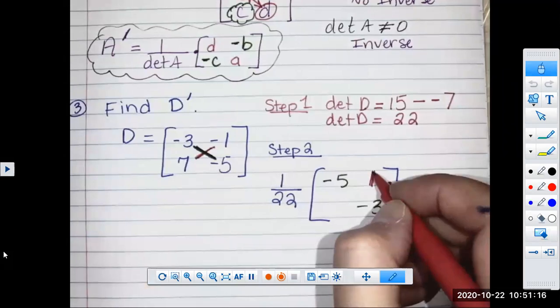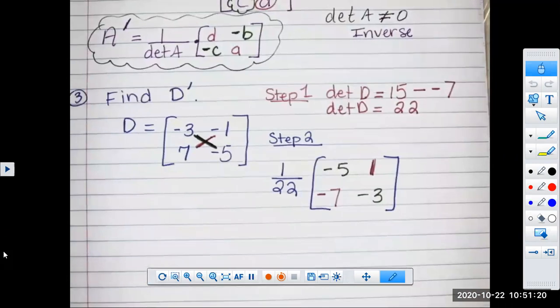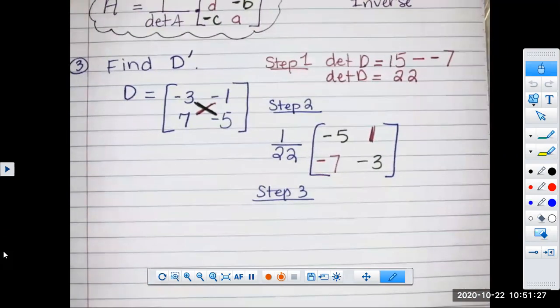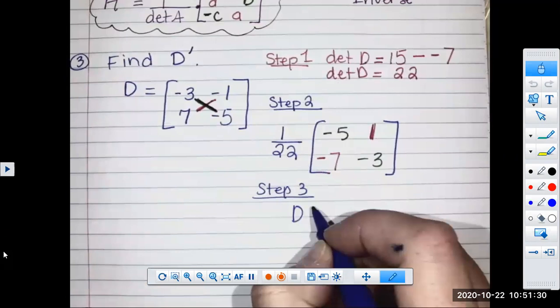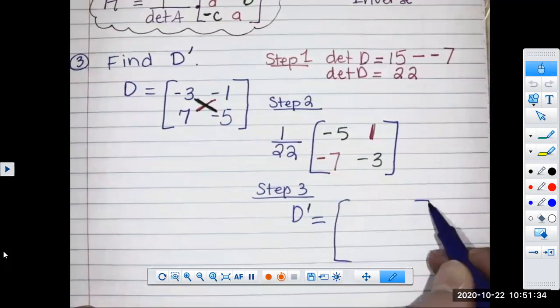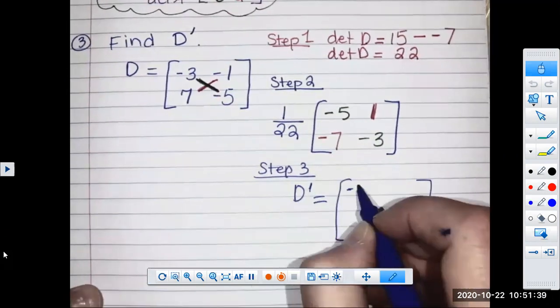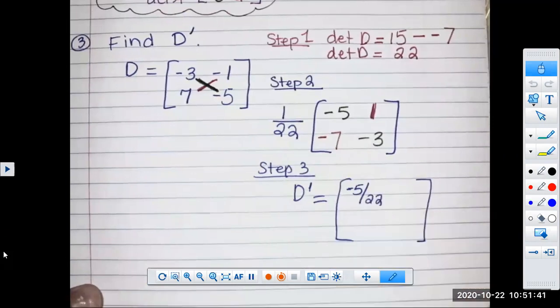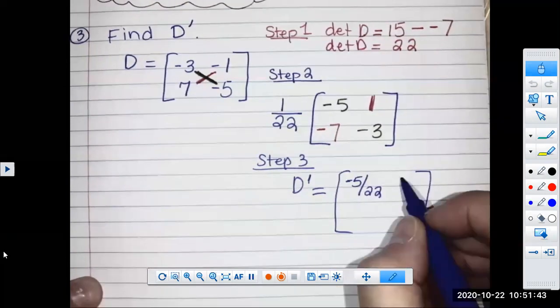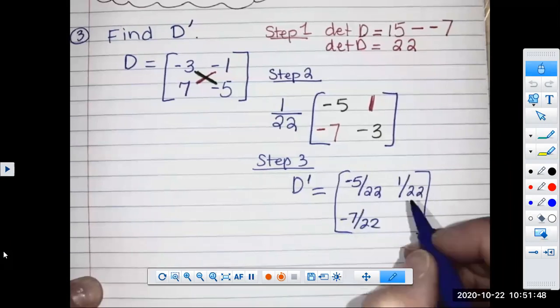So you're going to have +1, -7. Then all you have to do to get the inverse is distribute the 1 over 22. In a lot of inverse matrices, you're going to have nasty fractions left. So when I distribute, I'm left with -5 over 22, 1 over 22, -7 over 22, -3.